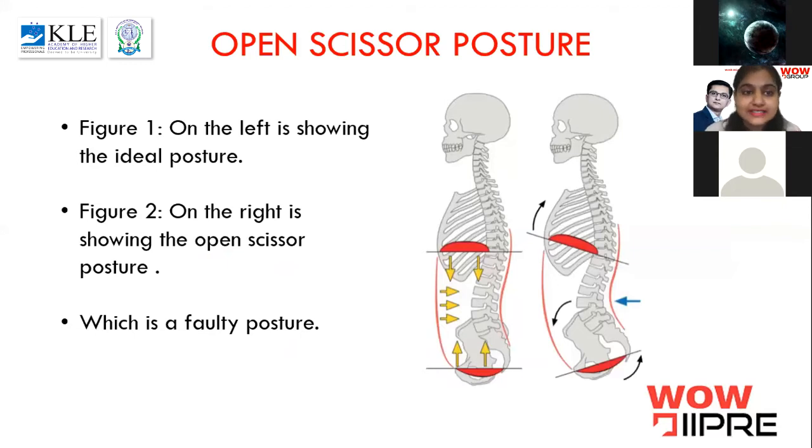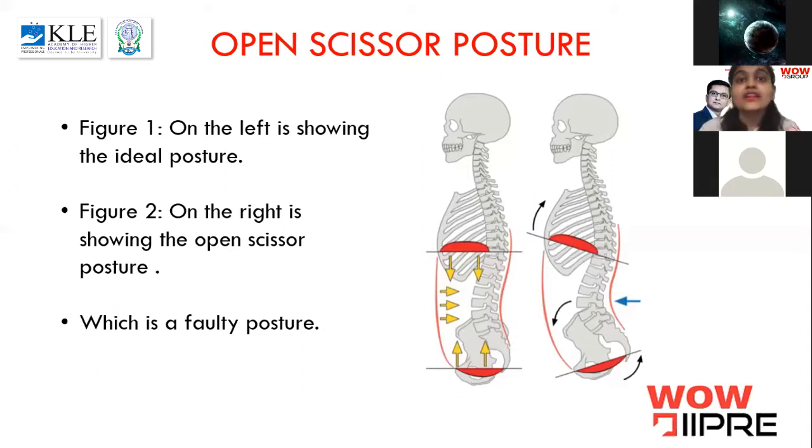Going to the next slide, this is an image showing an open scissor posture and an actual posture. Ideally, when the diaphragm is contracting, your pelvic floor should relax, and your abdominals should be contracted. If you see the respiratory physiology, whenever you take a deep breath in, your abdominal muscles will not be electrically silent.